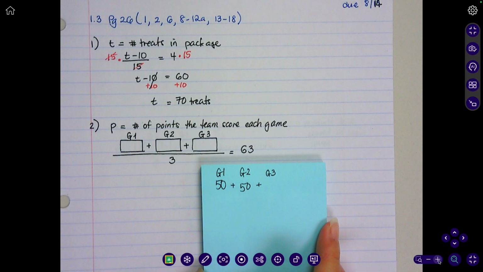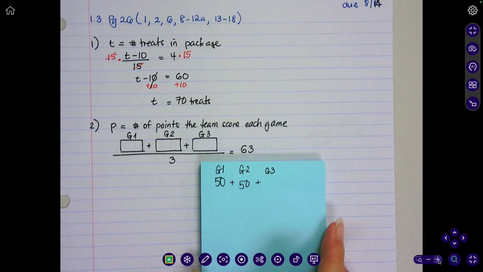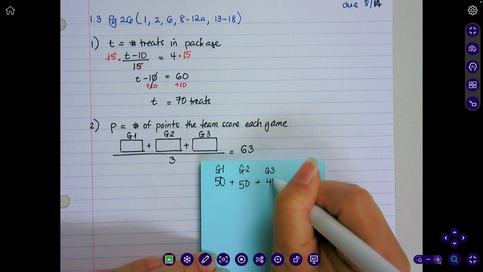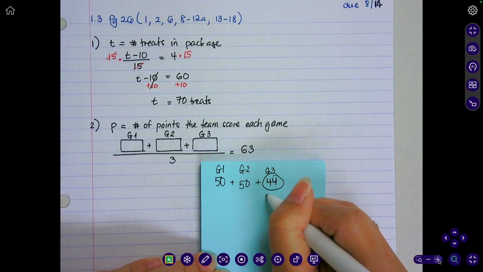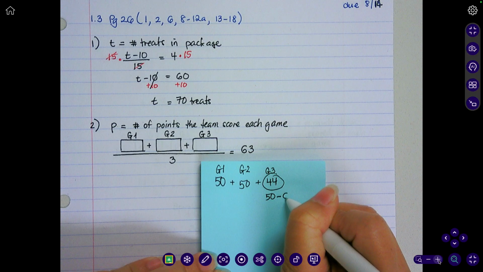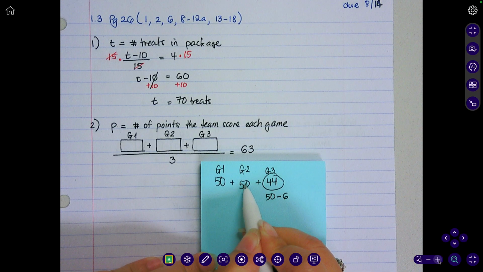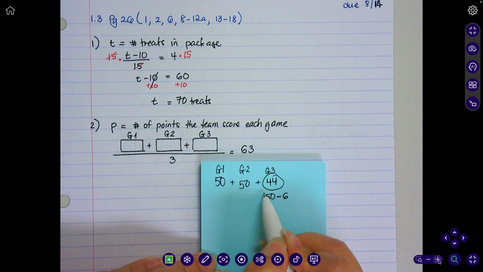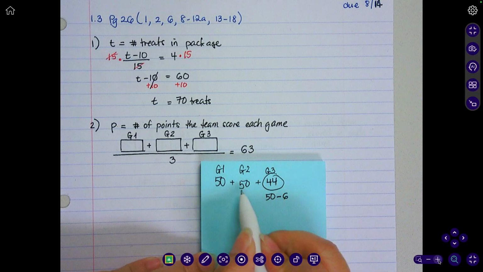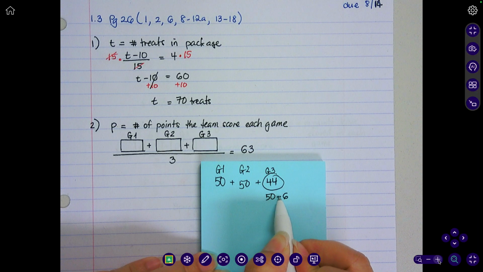What would game 3 be? 46. Yes. 44. How'd you get 44? You take 50 and you minus 6 because this game is 6 more points than the 3rd game. You guys see that? So you gotta take whatever this number is, you minus 6.